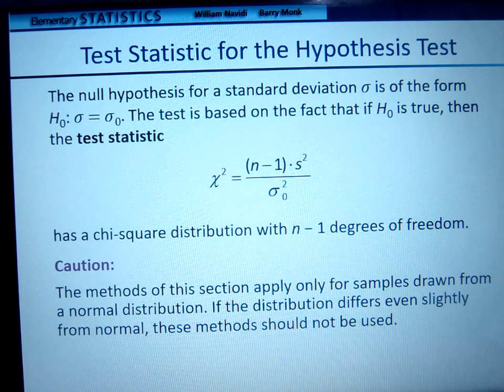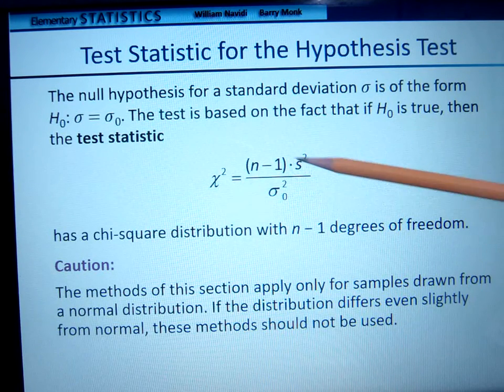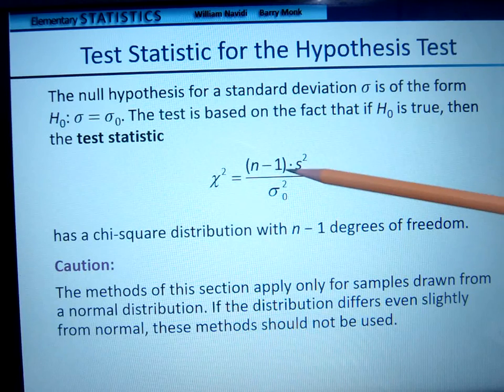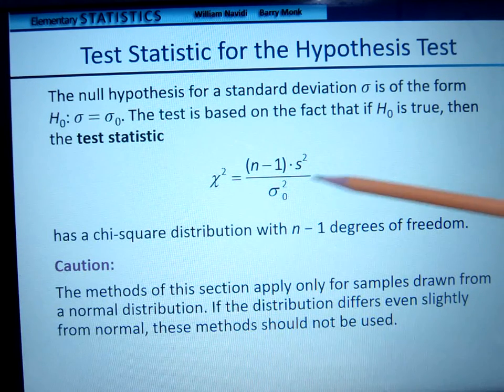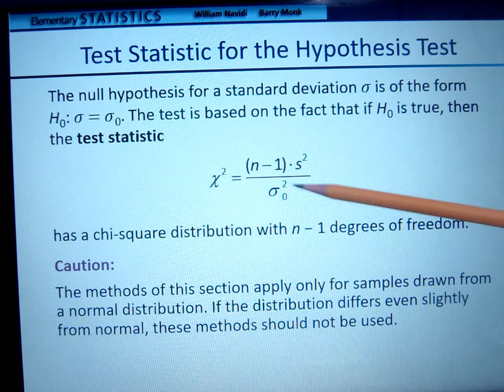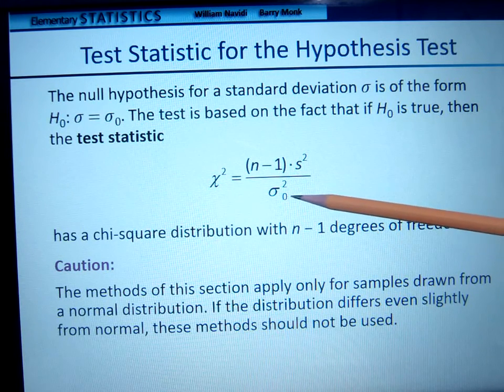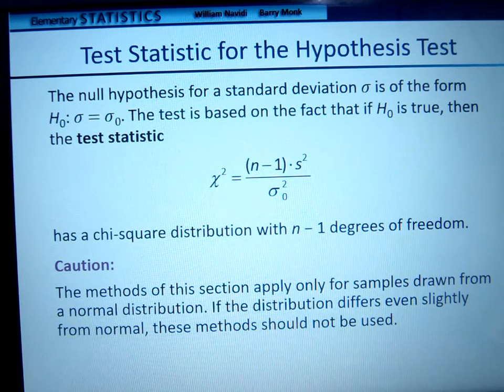The test is based on the fact that if the null hypothesis is true, then the test statistic is chi-squared equals n minus 1, the degrees of freedom, times our sample standard deviation s squared, all divided by the given population standard deviation squared, which is the variance, right? This has a chi-squared distribution with n minus 1 degrees of freedom.